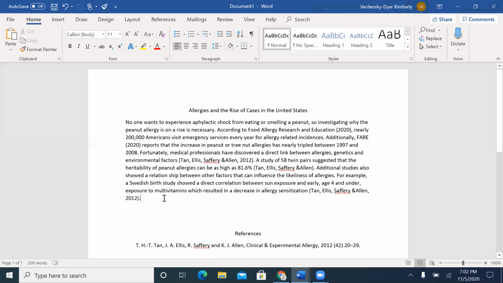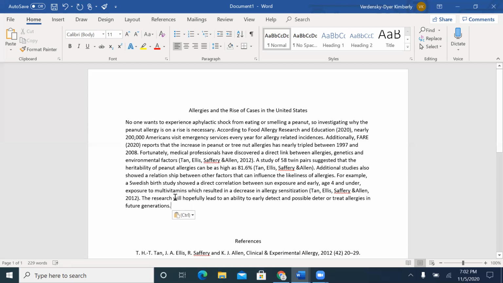And I think that might better serve as my concluding. So a study of 58 twin pairs suggests that the heritability of peanut allergies can be as high as 81.6%. Additional studies also showed a relationship between other factors that can influence the likeliness of allergies. For example, a Swedish birth study showed a direct correlation between sun exposure and early exposure to multivitamins, which resulted in a decrease in allergy sensitization. Now I need a final conclusion.